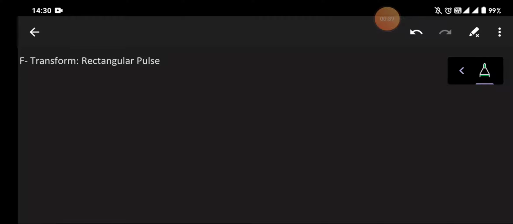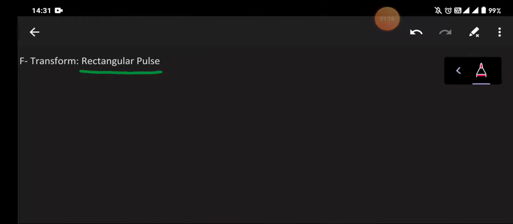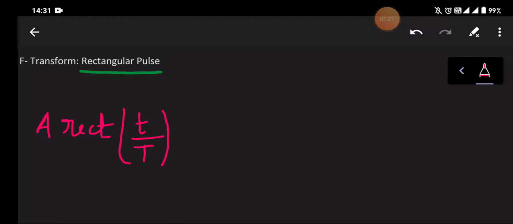So a rectangular pulse is represented by A, rect of t by capital T. Okay, so this is a formula for the rectangular pulse or its representation.